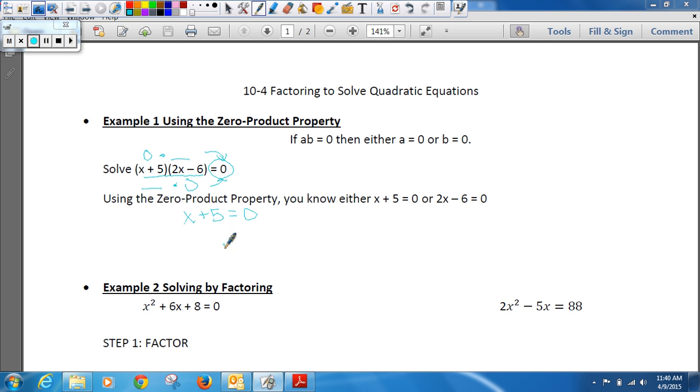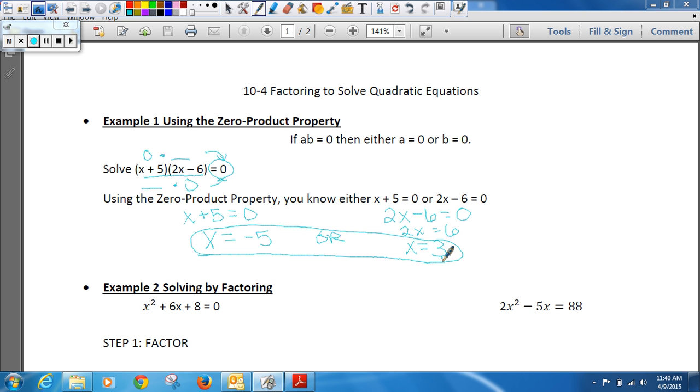So x plus 5 equals 0 would give me x equals negative 5. Or our second option here would be the second term set equal to 0. And so we would end up with 2x equals 6, so x would equal 3.